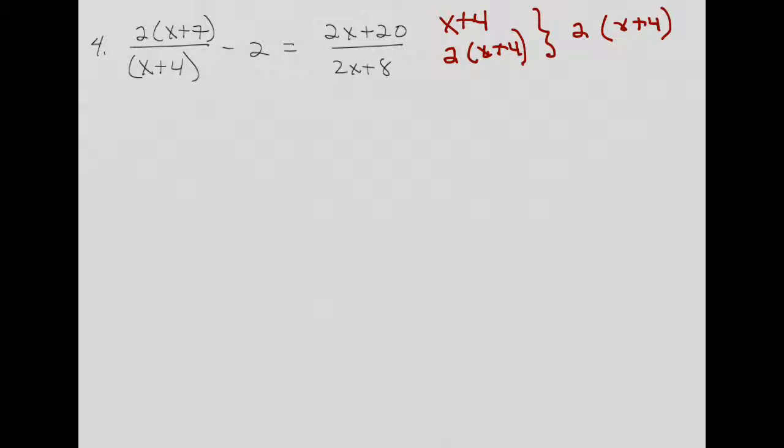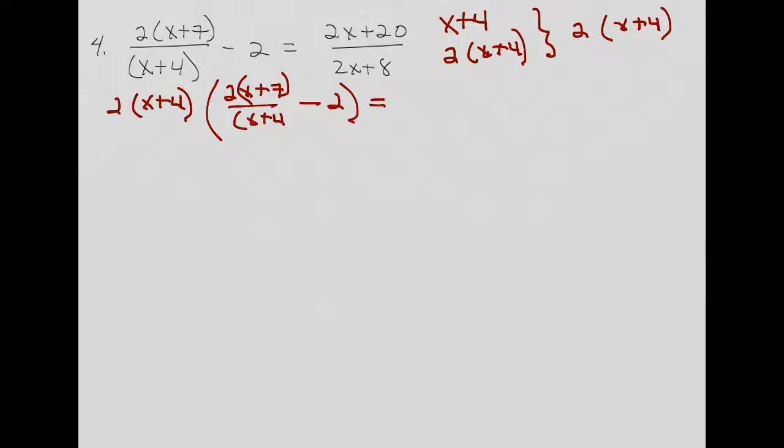So I've got 2 times x plus 4 times the left side. It's minus 2.